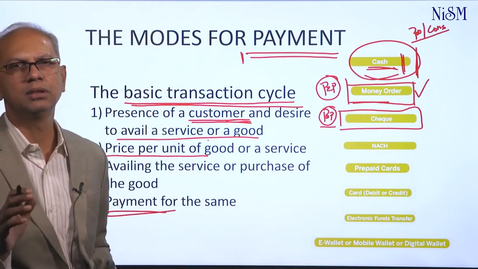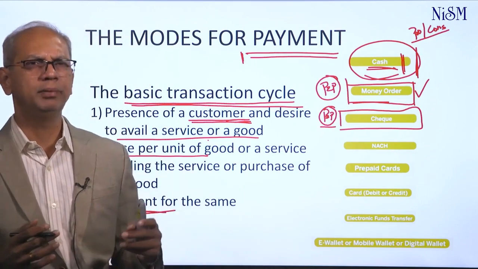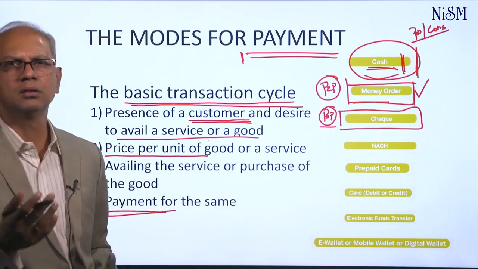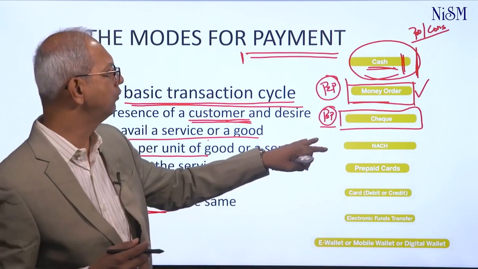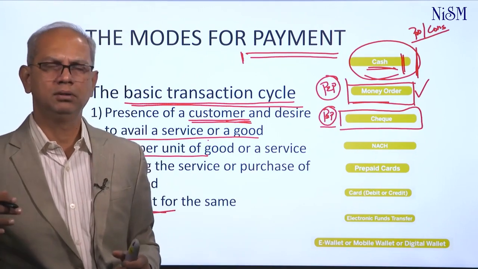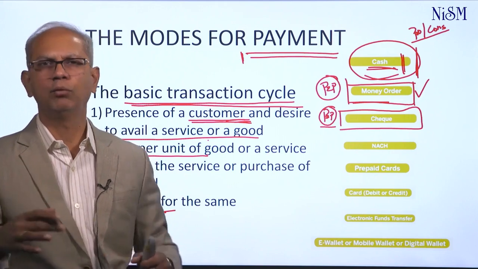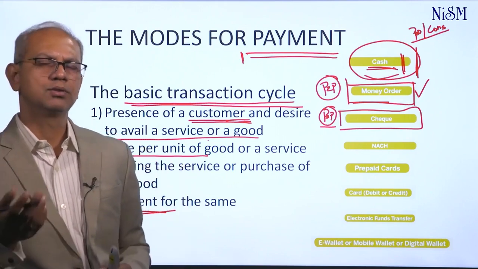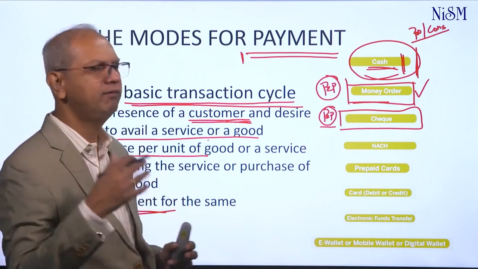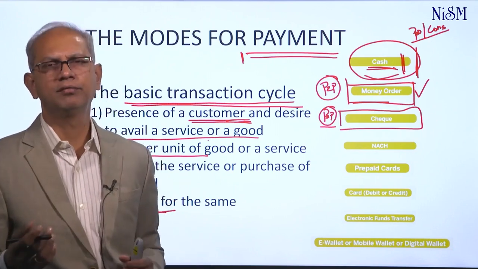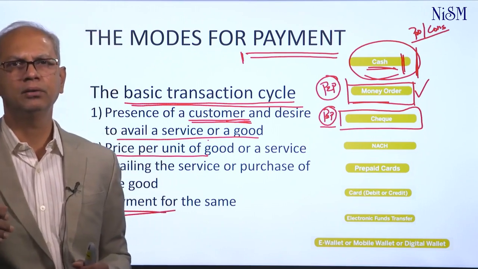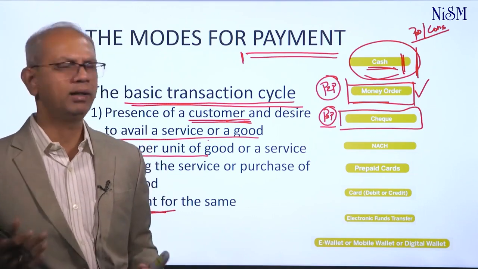So check is definitely a widely used method of payment, not only for the good or service that you are using, but also for peer to peer, which means if any friend or relative is asking for money for whatever reasons and you want to pay him, he will be okay if you say, I'm going to drop a check to your account, or I'm going to issue you a check, and then you can encash it and get the cash that you require, right?